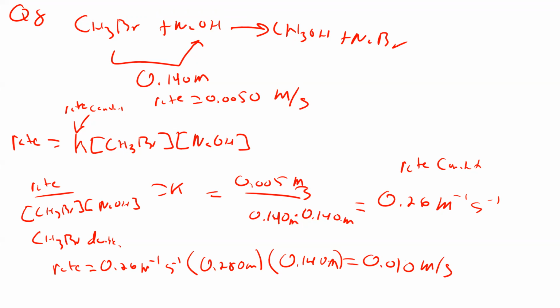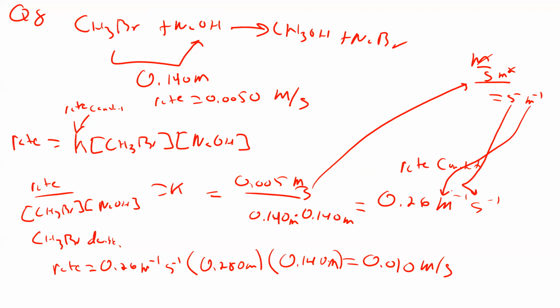So molar times molar is molar squared. So looking at the units, molar per second, and then you have molar squared here, so that will cancel, and you get per second per molar. And that's how you get this right here. Okay, you're welcome.